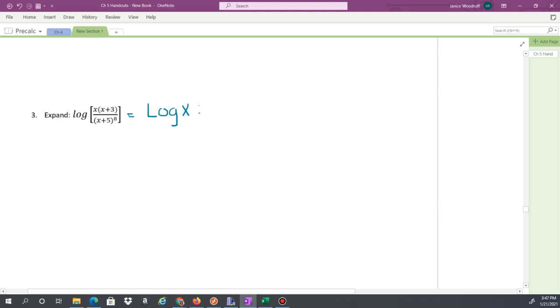So we're going to make that plus log(x plus 3). And then I'm going to put the x plus 3 in parentheses because it's more than one term. Then I have divided by, so I'm going to take the division sign and make it minus. So you start in the top left, go left to right, and then go down. And then you've got log, and that is going to be (x plus 5) to the 8th.